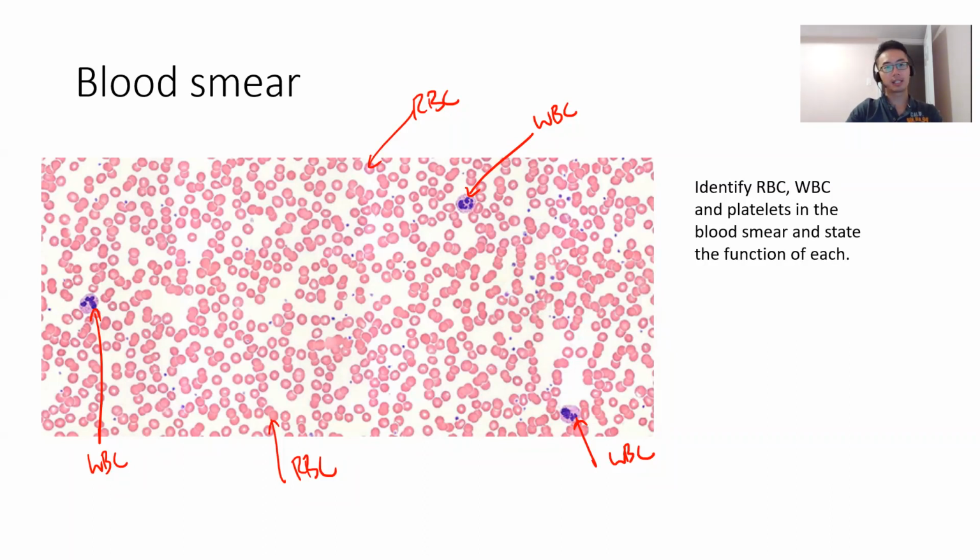Can we even see it on this blood smear? Would it be the little blue dots? That's right, the little dots right here. There is a platelet, there is a platelet, platelet. Okay, it's very, very small. They're cell fragments, right? So all those little purple dots, they are the platelets.